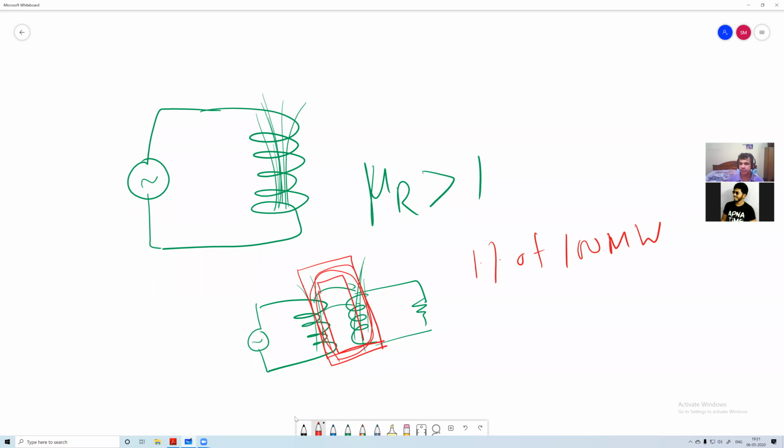If the transformer rating is 100 megawatts, what is 1% of 100 megawatt? One megawatt, yes, but 1 megawatt is a significant amount of power, right?